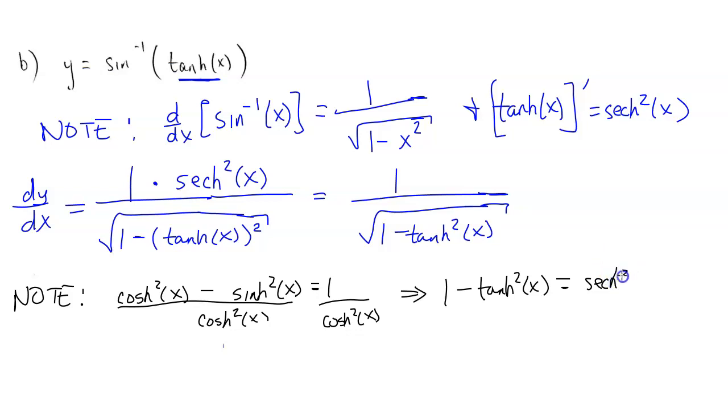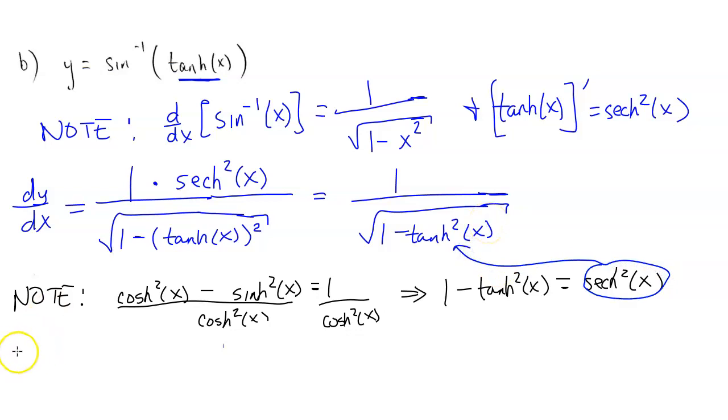secant hyperbolic squared. So we see that what we have here under the radical in the denominator is just another way of saying secant hyperbolic squared. So here what we're going to do is tie that together.